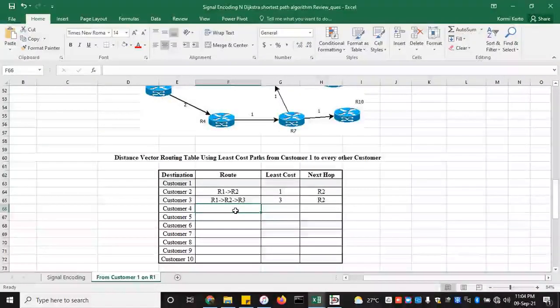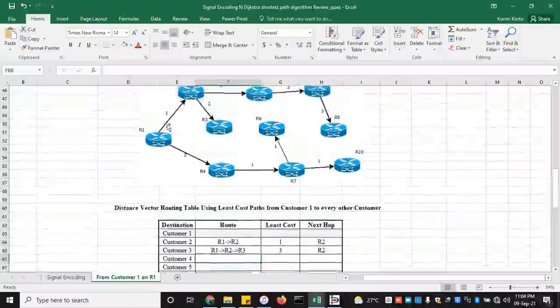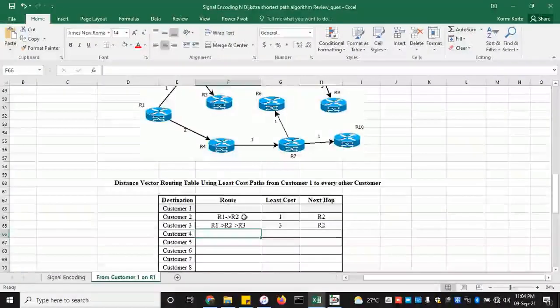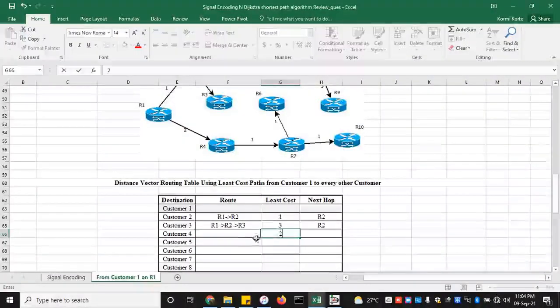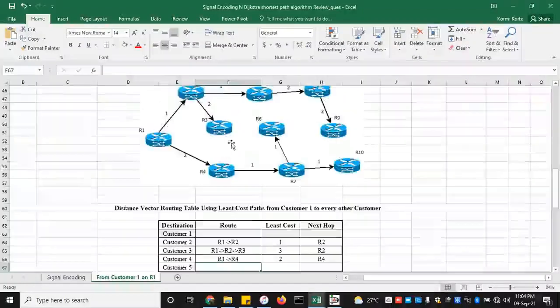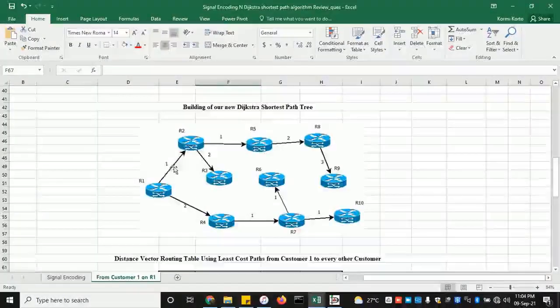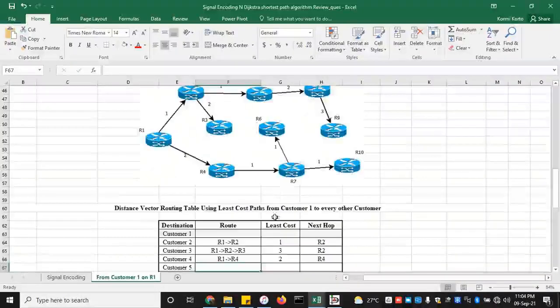When it came to customer 4 on R4, there was a direct connection, which was 2, and it was R1 directly connected to R4. So our next hop was directly R4. Customer 5 on R5, it was 1 plus 1, which is 2.